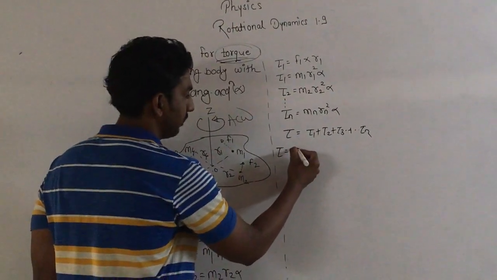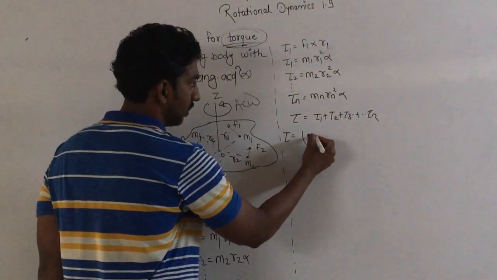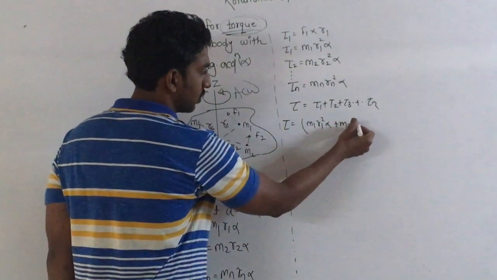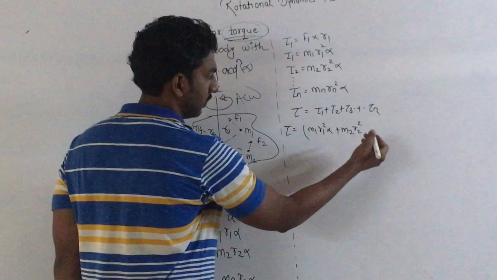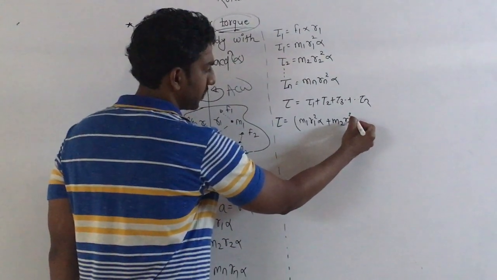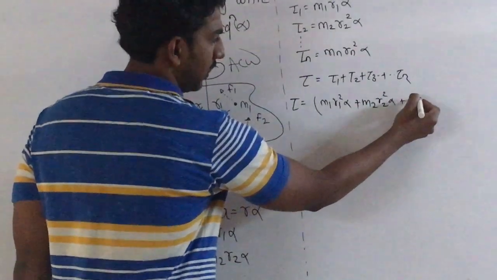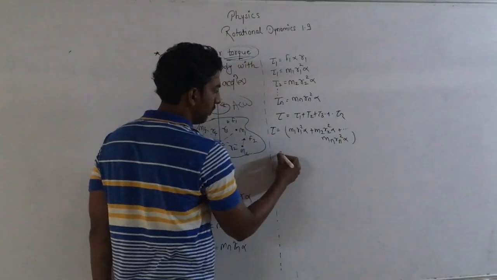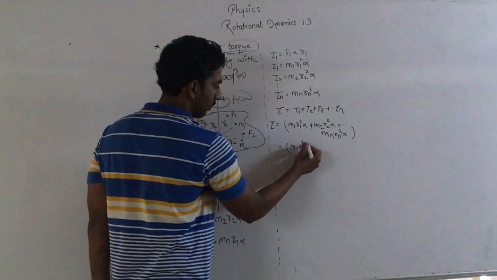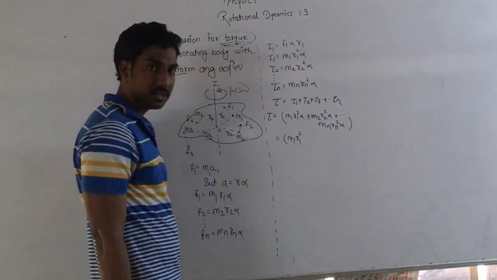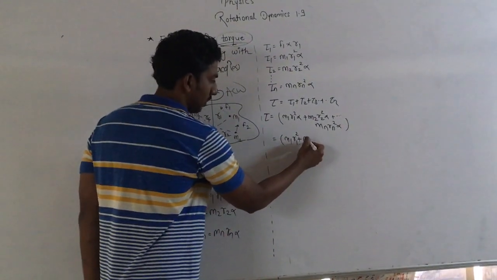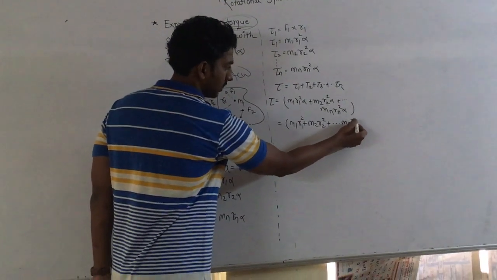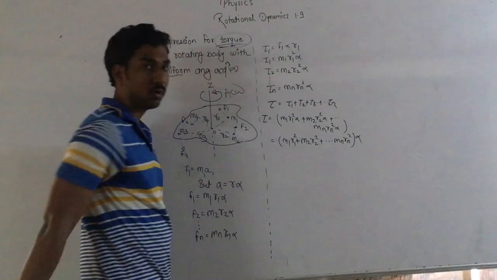So I will write M1 R1 square alpha plus M2 R2 square alpha, similarly Mn Rn square alpha. Alpha will be common, so it will be M1 R1 square plus M2 R2 square, etc., Mn Rn square, and alpha is constant.